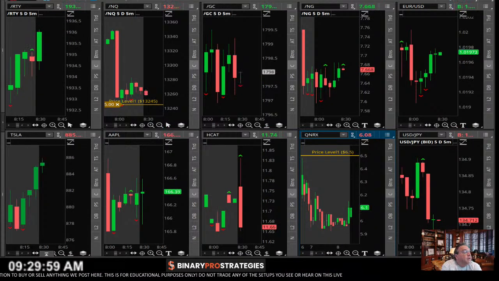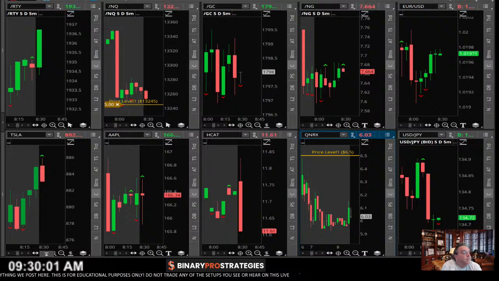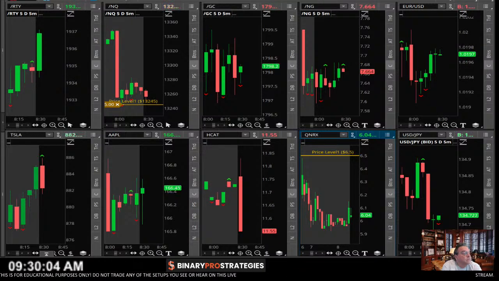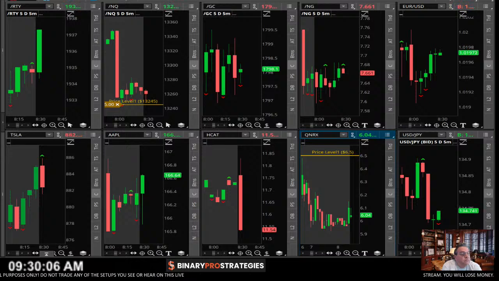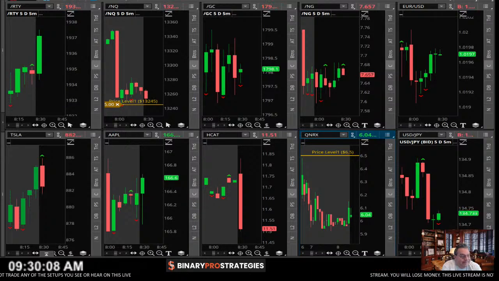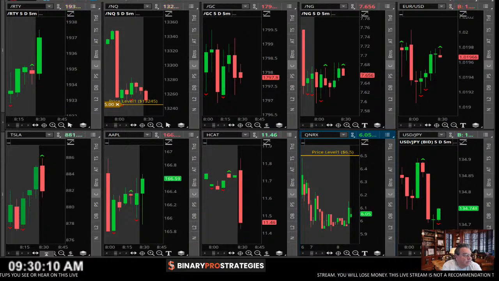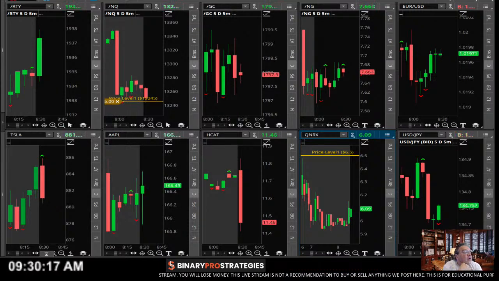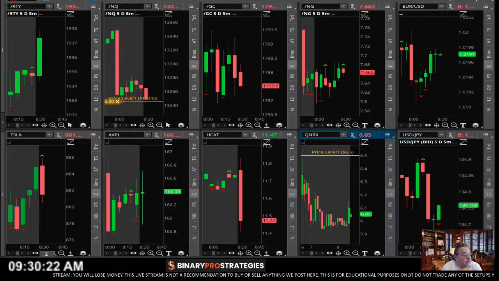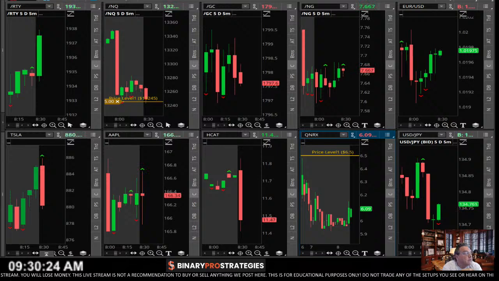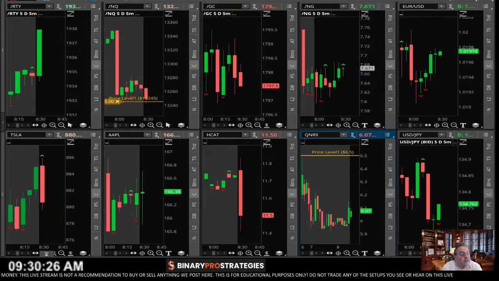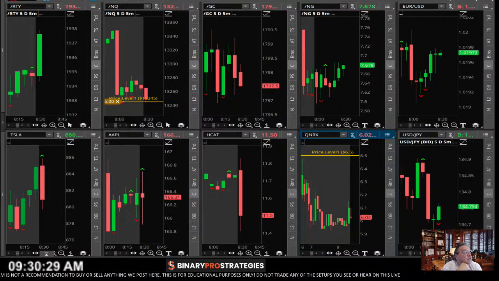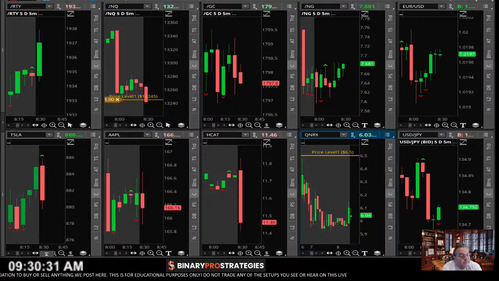All right, opening bell. Just got triggered on the mini NASDAQ to go short. That came in at 132.45, so that's going to project me down now to 132.07.5.